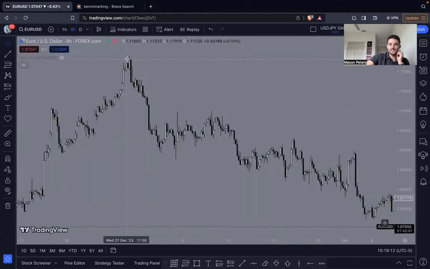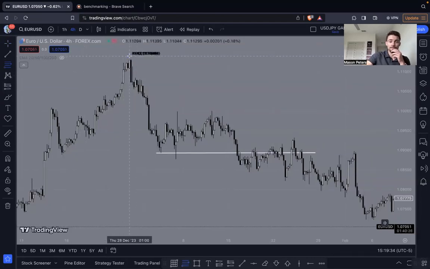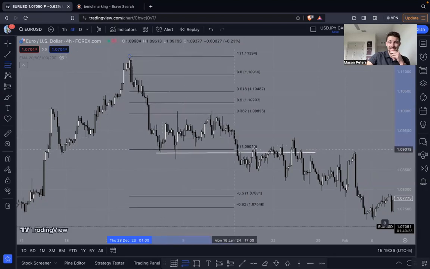Once we see that 80% retracement hold and price drops again on the 4 hour, what do we do? We find our support. Support is right here. So it drops away, finds support, trades higher. We take our Fibonacci from the lower high to the lower low, and we extend it outward.